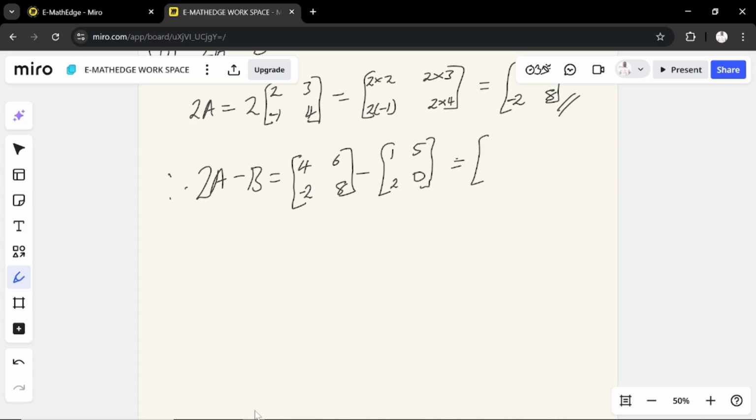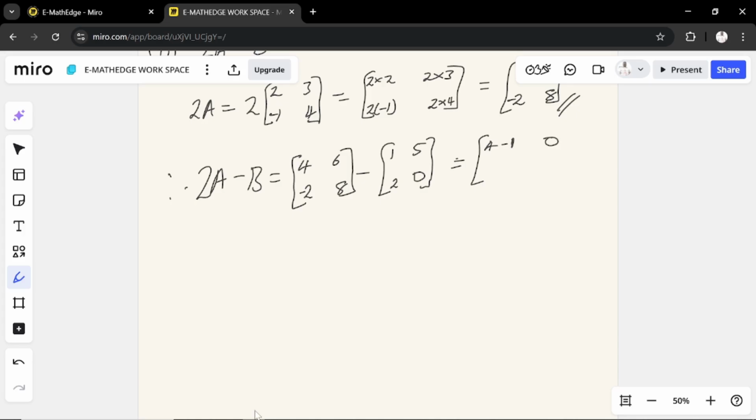So the principle of subtraction is as that of addition. We are going to have that negative operation working on the elements, which we have it to be 4 minus 1, right? This is the element in the first row, first column for the first matrix, and this is the element in the first row, first column for the second matrix.